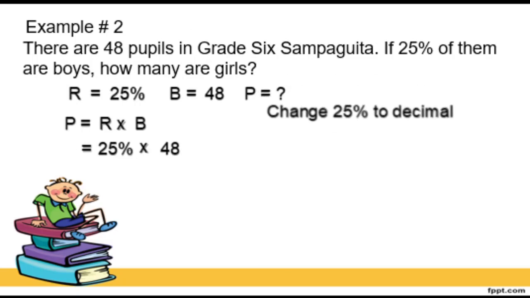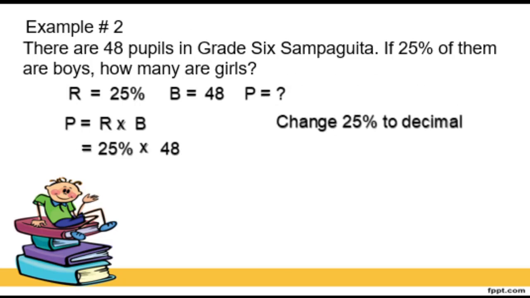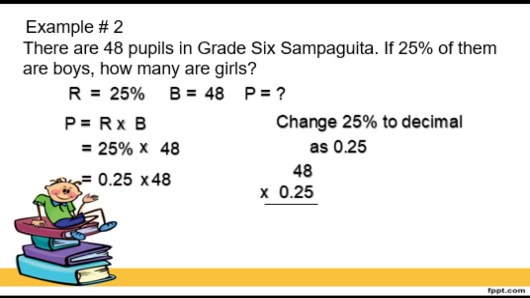Change 25% to decimal by just moving the decimal point twice to the left, so that will become 0.25. And then 0.25 multiplied by 48. So again, 48 times 25 hundredths equals: 5 times 8 is 40, carry 4. Then 5 times 4 is 20, plus 4 is 24.